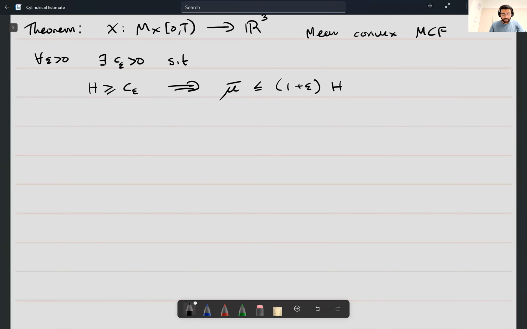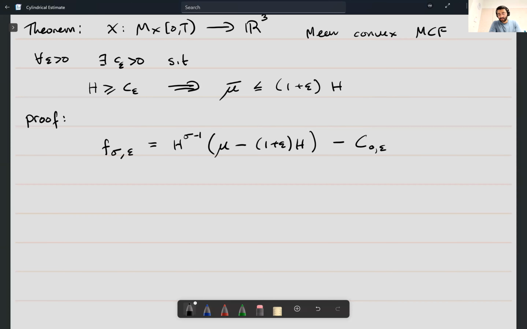I'm not going to do the full proof of this, just look at a certain part of it. The proof is the same as the proof of the convexity estimate, the cylindrical estimate, Huisken's theorem. We define some function f sigma epsilon, which is equal to h to the sigma times (mu minus (1 plus epsilon) h) minus c 0 epsilon.